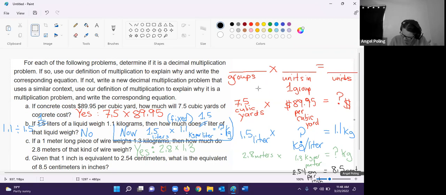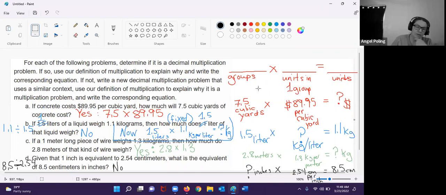Oh, I should put the same abbreviation. And so they're asking us about this location here for the number of inches. And so no, they've given us a division problem of 8.5 divided by 2.54.